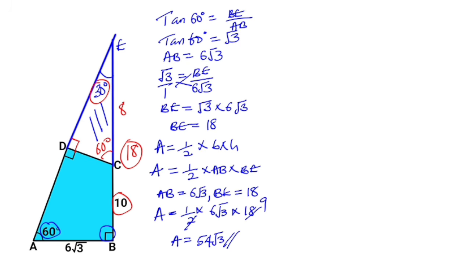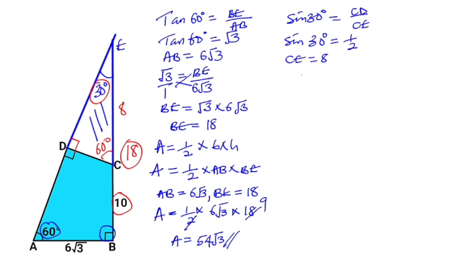Again, using trigonometric ratios, sine of 30 degrees is equal to CD over CE. Sine of 30 degrees is 1 over 2. And CE is 8.